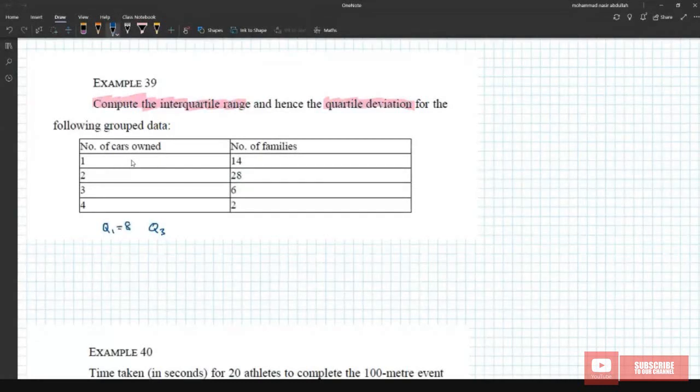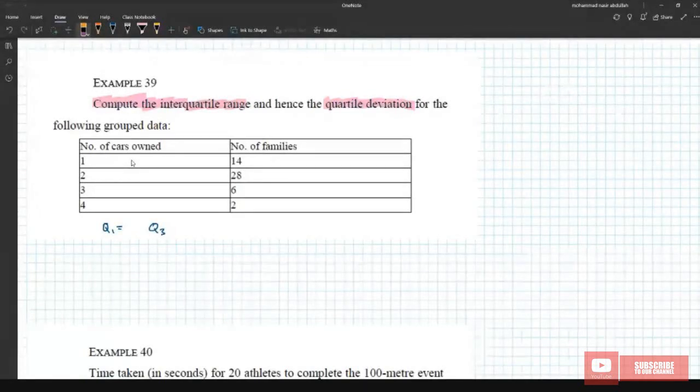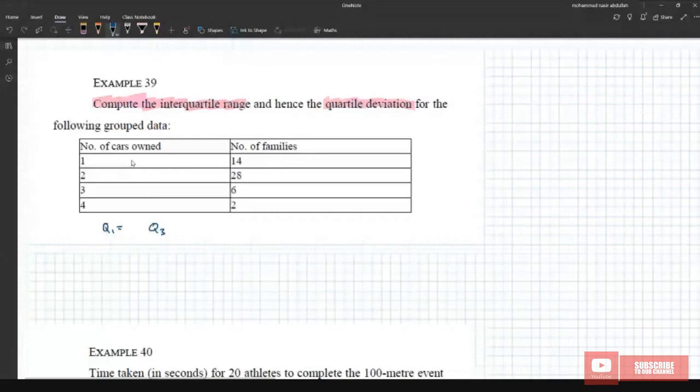Sorry. Quartile number 1 should not be 8. Quartile number 1 is equal to 1. Quartile number 3 is equal to 3. Right. So the interquartile range is quartile number 3 minus quartile number 1, which is 3 minus 1 equal to 2.